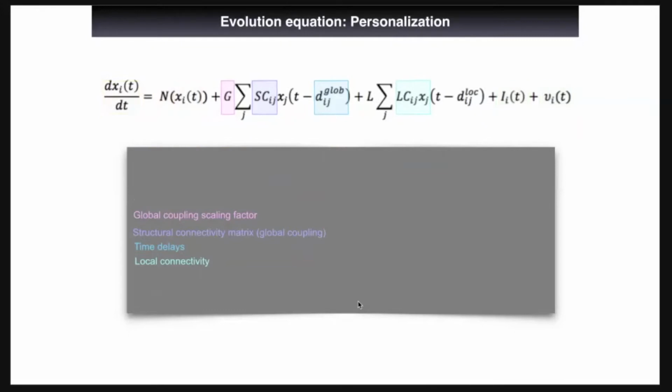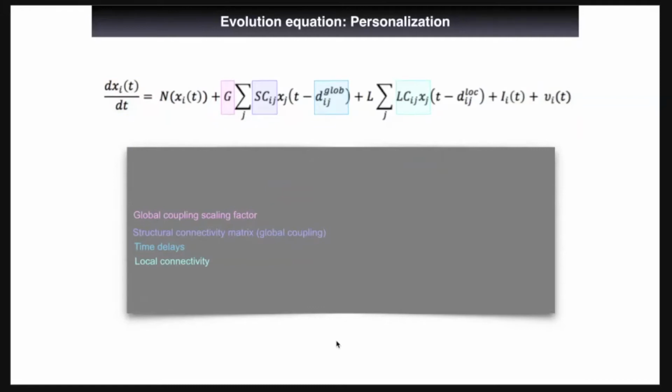In order to personalize the model, we have different possibilities that are highlighted here. You can use the structural connectivity weights from an individual. You can use the structural connectivity distances from an individual.